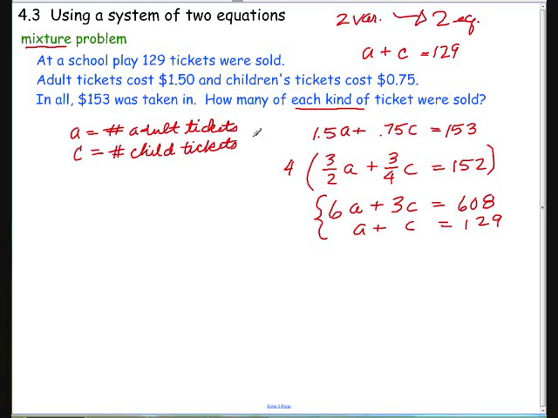I think the easiest way for me to go at this point would be to multiply this one through by -3 and get rid of my children's tickets. So I'm leaving my first equation as it is, not making any change to that.